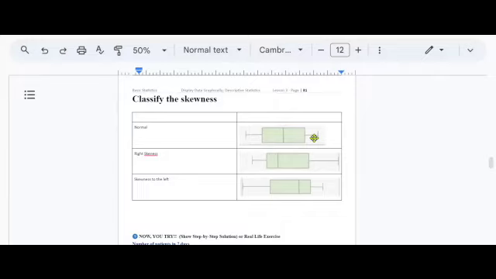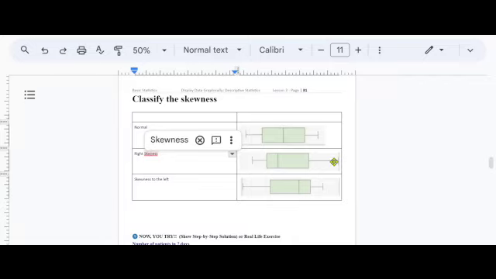Minimum, maximum, median, first quartile, third quartile, and the second quartile, which is the median or the middle number. Now skewness: where is the tail? The tail is here, so that's skewness to the right. Where is the tail? So skewness to the left.